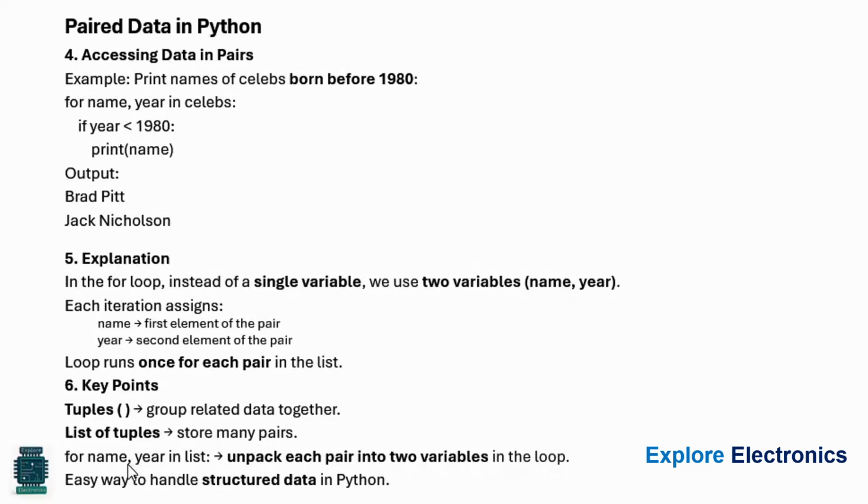For example, here we have name which belongs to the string data type and year is the int data type. That's why we unpack each pair into two variables. It is an easy way to handle structured data in Python.